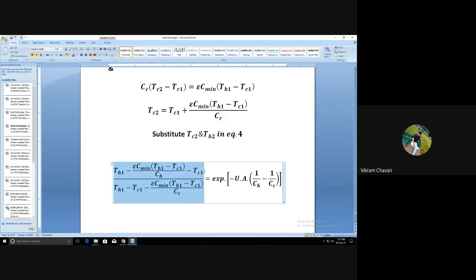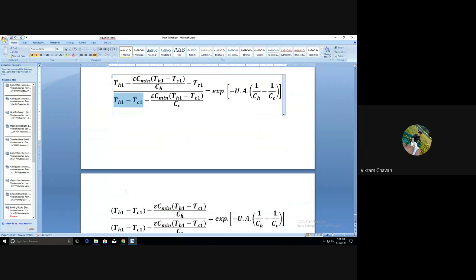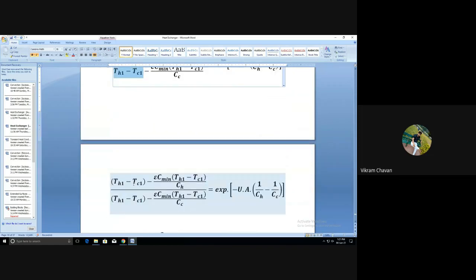So we can take out this common out of the bracket and we can cancel it. Because in the numerator side also TH1 minus TC1 is there, and on the denominator side also TH1 minus TC1 is there, so we can take common and we can cancel it, or we can divide it. In this fashion TH1 minus TC1 we have combined in one bracket, so that we will get two terms only in the numerator and two terms in the denominator.